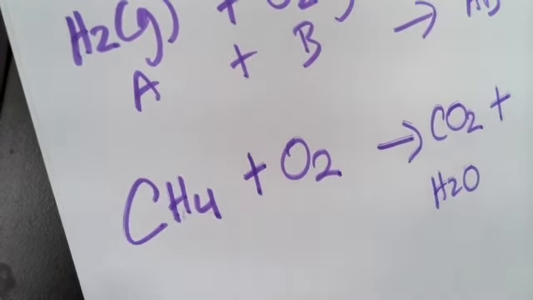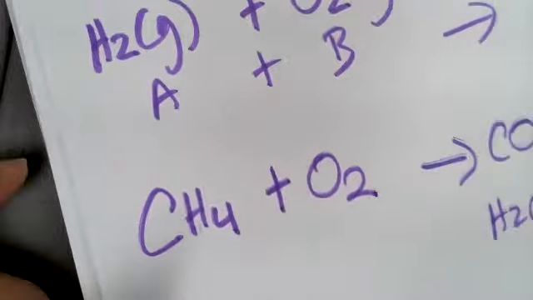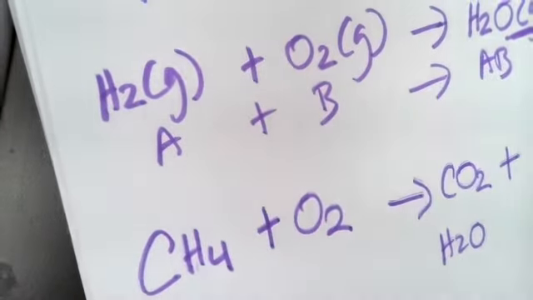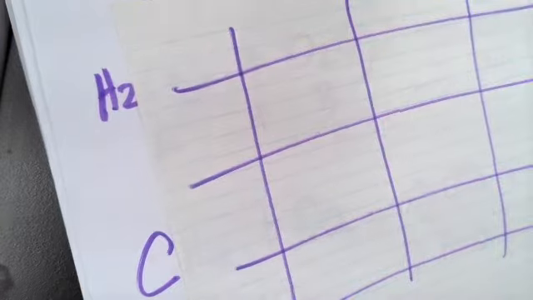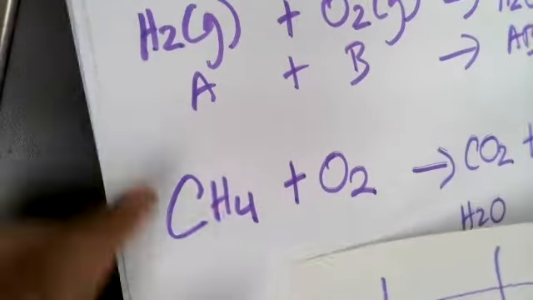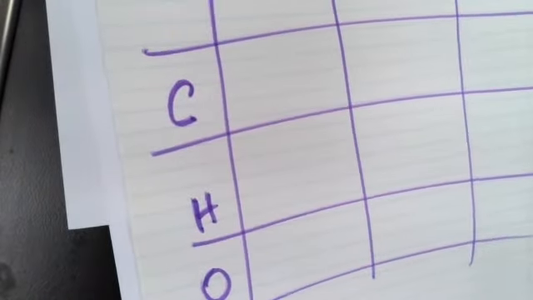Now, when you're starting and practicing, the best thing to do is create a table. I like to have 3 columns. Over here, I'll write the elements involved in this reaction: carbon, hydrogen, and oxygen.